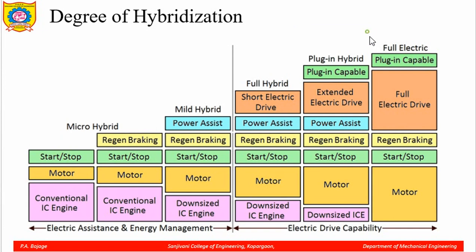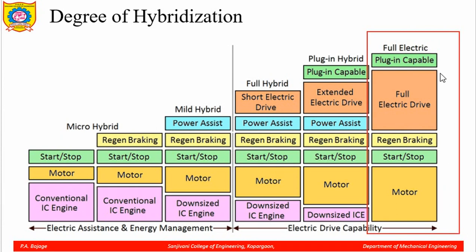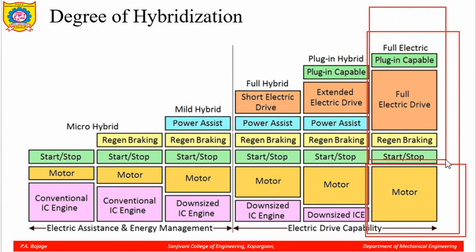And the last category is the full electric plug-in. So this is a pure electric vehicle. This is not a hybrid vehicle, wherein you don't have the IC engine. The IC engine is completely removed. You have a very powerful motor which is capable of driving the vehicle with all the facilities, that is the battery, the charging, the converters and the inverters, the power capacitors.